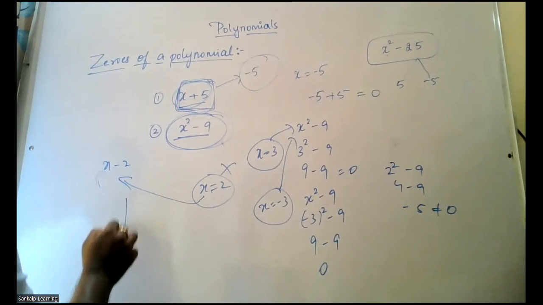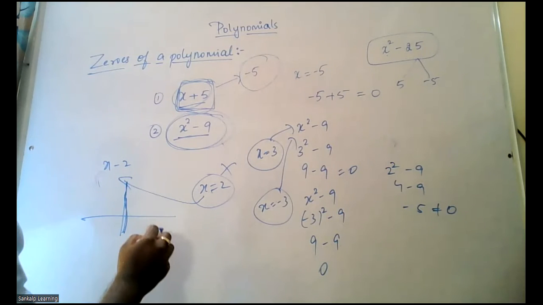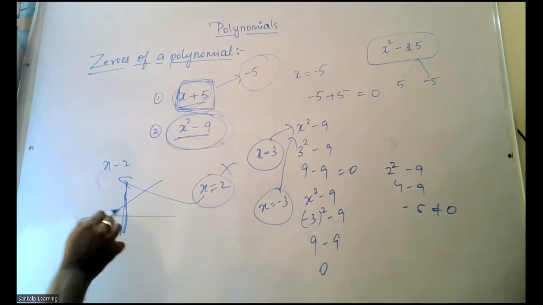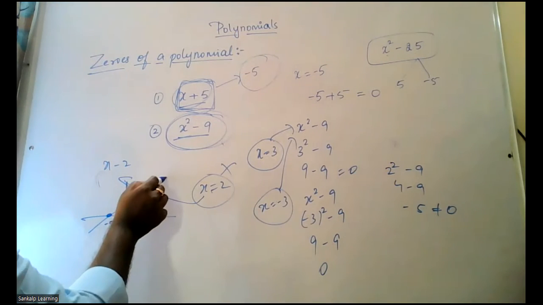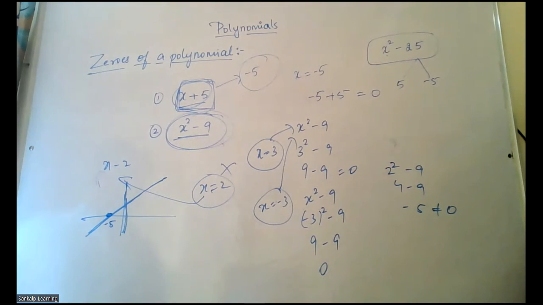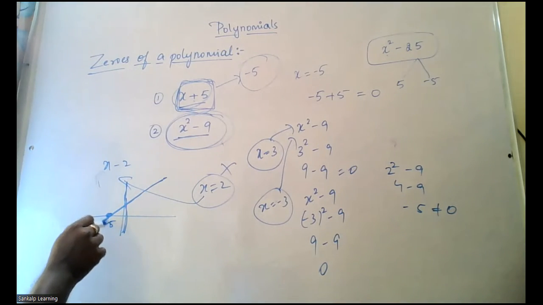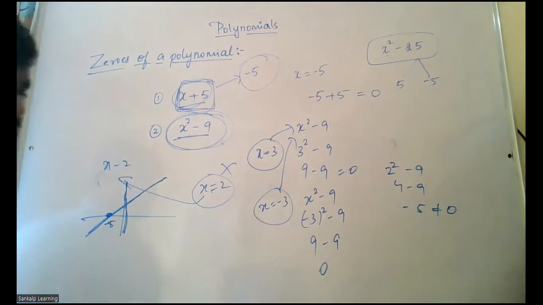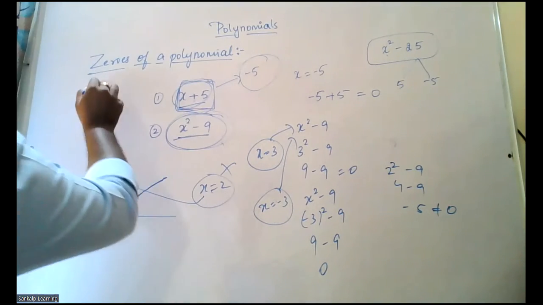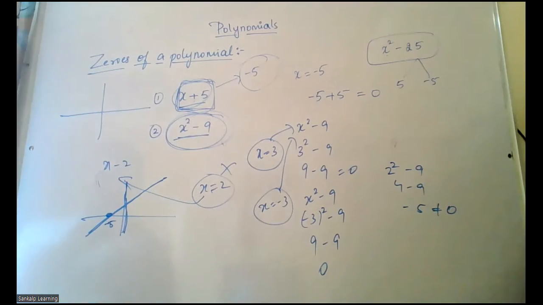For example, if you plot a graph for this, it'll intersect the x-axis somewhere here at minus 5. So minus 5 is known as 0 of this polynomial, because at minus 5, it will cross the x-axis or meet the x-axis. If you plot a graph for this, x square minus 9.